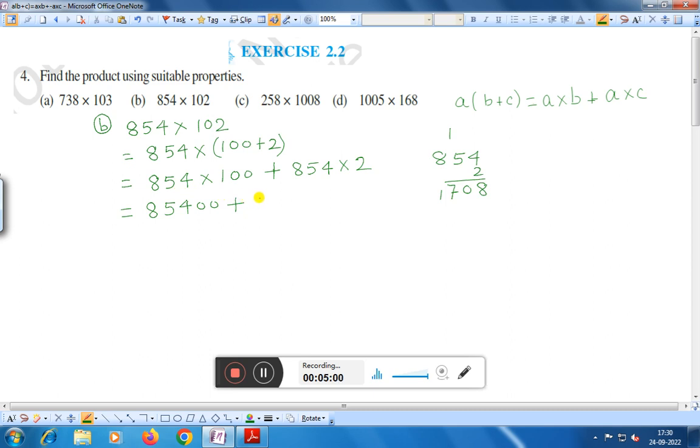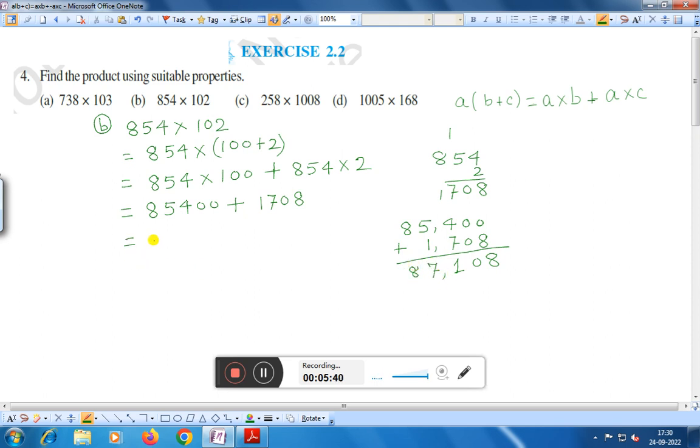And we can write it here as 1708. If we add the number, that is 85400 and 1708, we are getting 8, this is 0, 7 plus 4, 11, carry 1, 5, 1, 6, 7, 7, it is 8, 87,108.